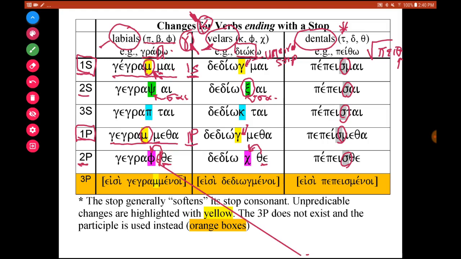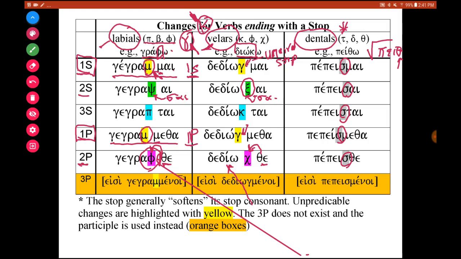Instead, the stop aspirates, and so you get gegraphthe, and then for the labial as an example, and dediochthe for the second person plural for the velars.